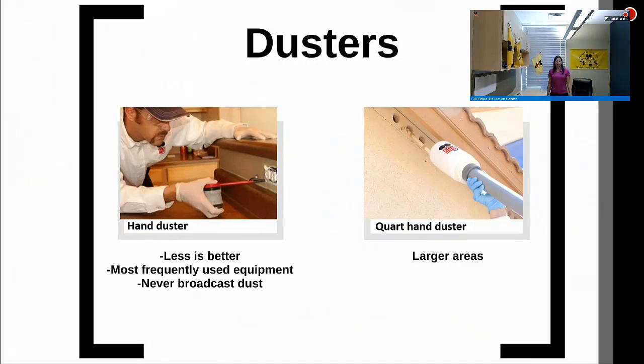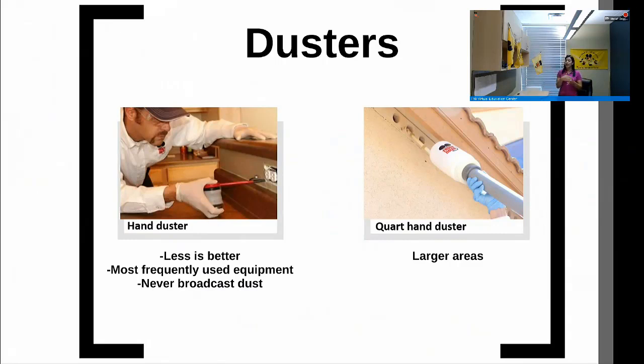And never broadcast dust. If some of the dust fell in an area that should not be treated, get your paintbrush that you should have as one of your equipments of application. Get that rest of dust that fell in an area that shouldn't be treated and put it back in a crack or crevice or area that should be treated.